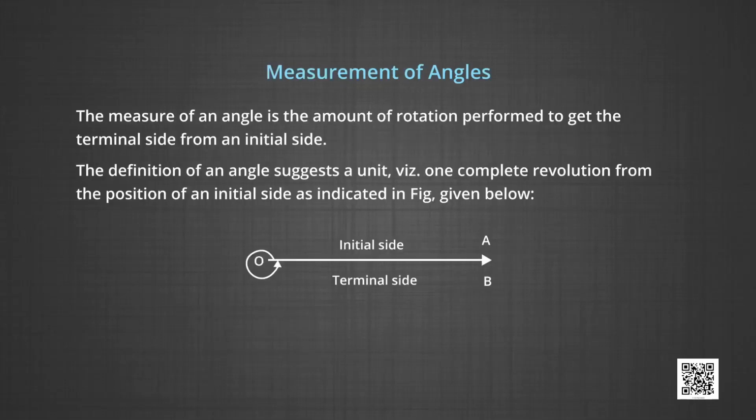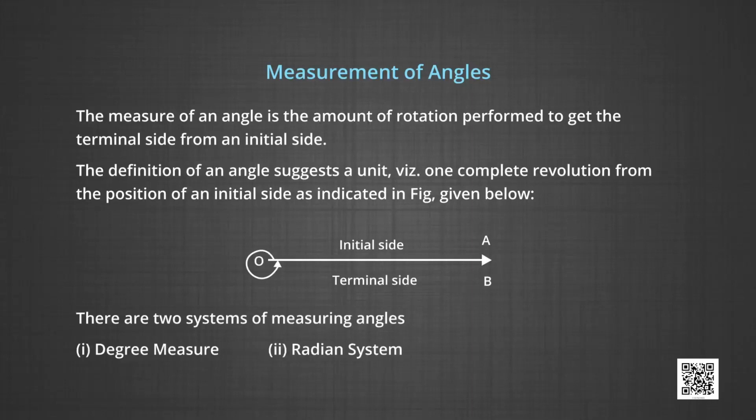The measure of an angle is an amount of rotation performed to get the terminal side from the initial side. The definition of an angle suggests a unit, which could be one complete revolution from the position of the initial side as given in the figure to the terminal side.